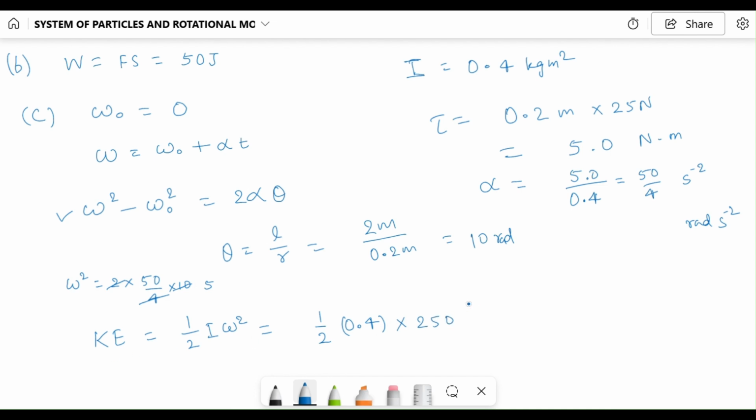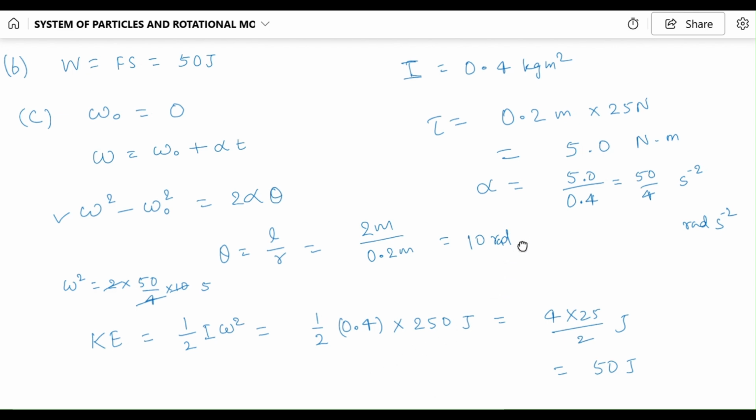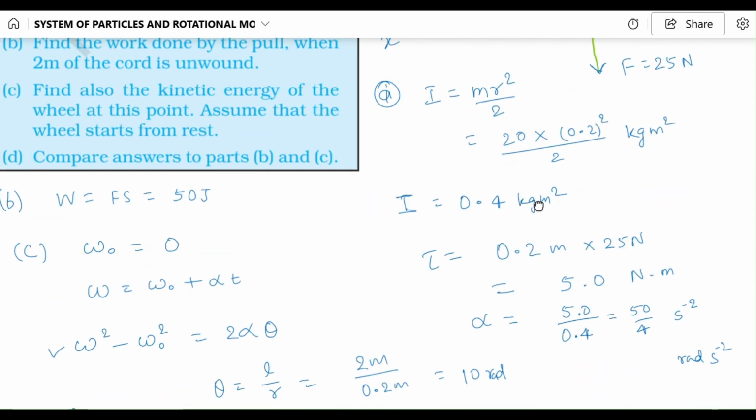And look, this is energy, so ultimately it will be in joule. So now we can obtain here, this will be 4 into 25 by 2 joule, and ultimately it will be 50 joule.